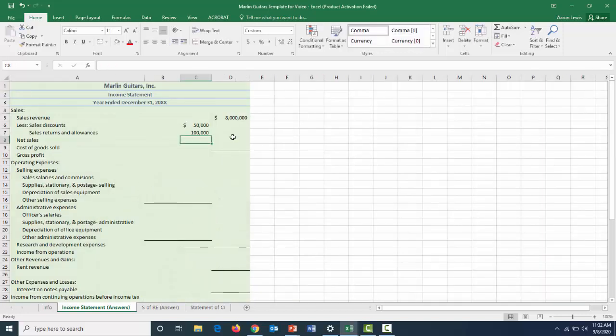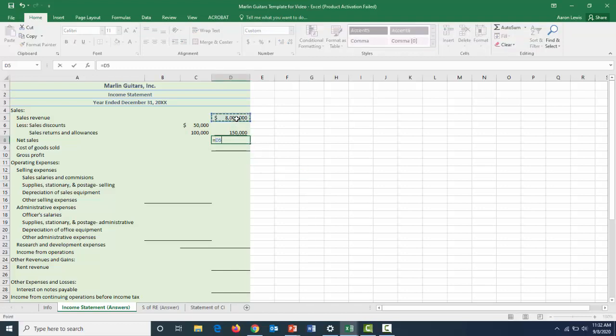So in total, Marlin Guitars had $150,000 worth of contra revenue accounts, which means their net sales, yes, they did $8 million in sales, but $150,000 of it never really actually existed. So if we subtract $150,000 from the $8 million, we see they did $7,850,000 worth of net sales.